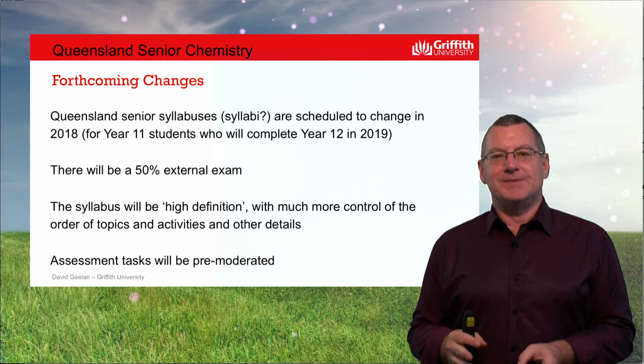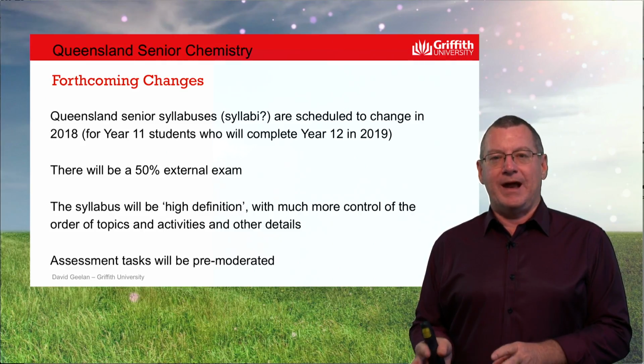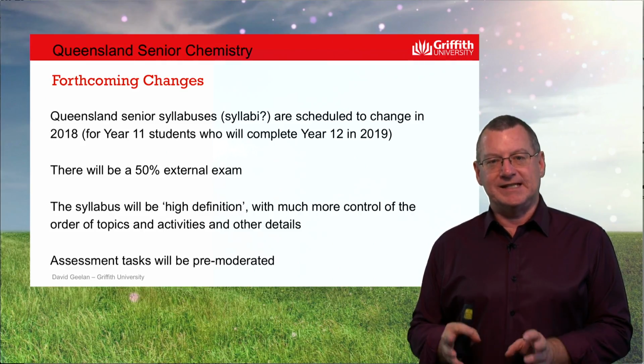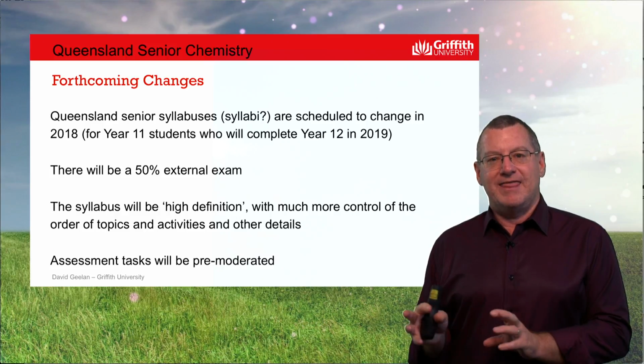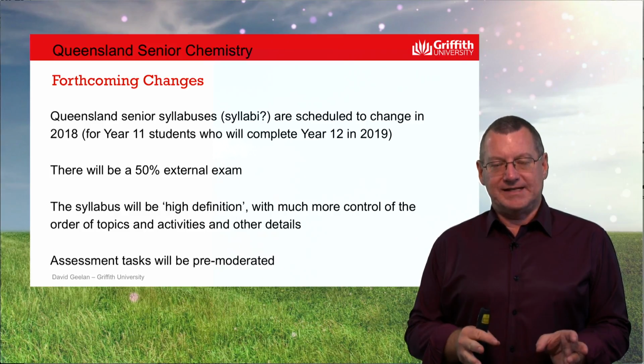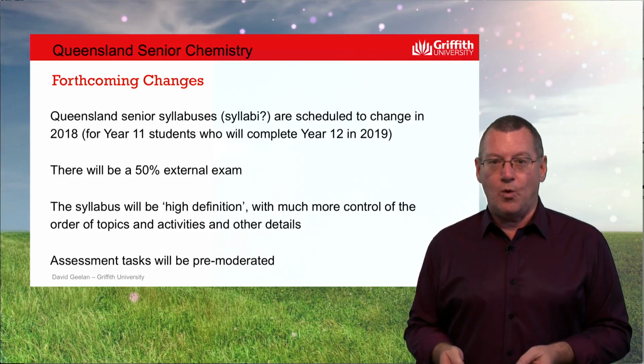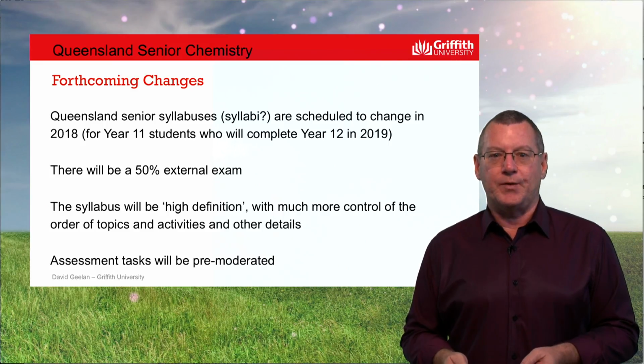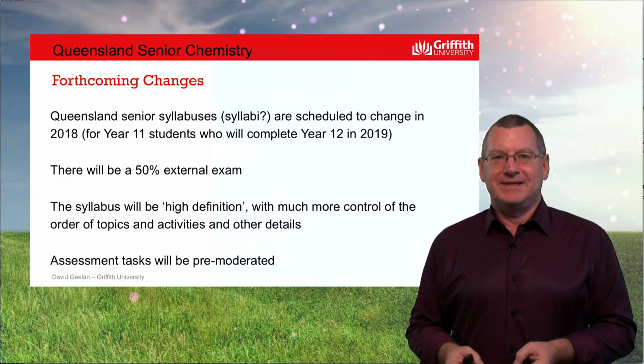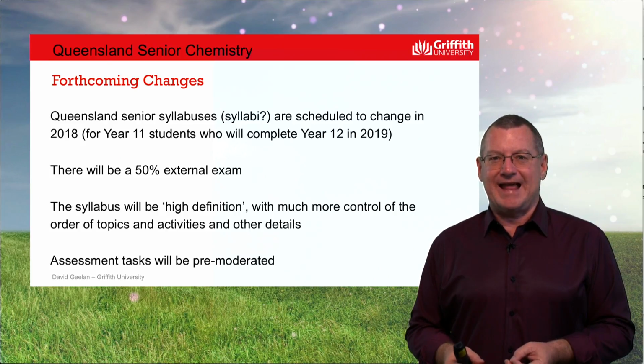So you'll create your assessment tasks, send them off, and they'll be pre-approved. And given that the assessment task has been pre-approved, then the results obviously will be accepted. So this is quite a big dramatic change, and obviously more news to be coming on how that's going to work. But that's the short version, intro to the syllabus and some of the issues around the syllabus, and we'll talk further about a variety of these bits and pieces as we go along.